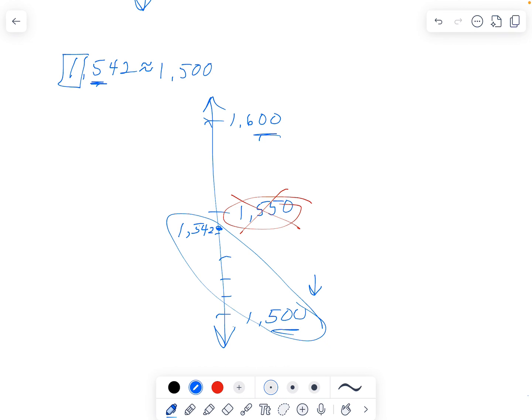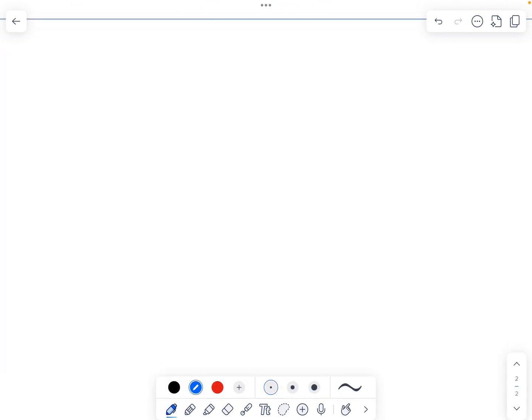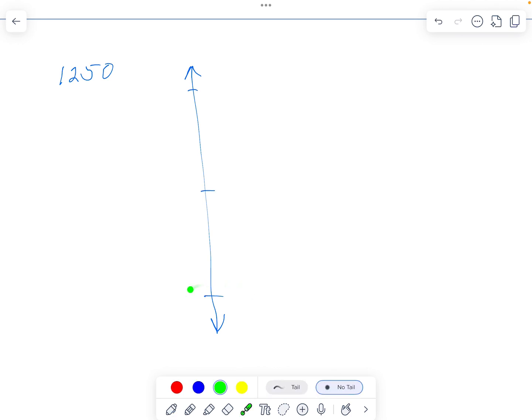Let's try one more. I'm going to round 1,250 to the nearest 100. Again, I'm going to draw my vertical number line, put in my 3 reference points. Multiples of 100 have to go on the endpoints.